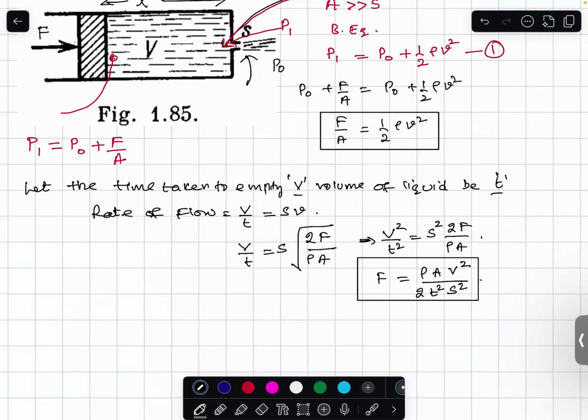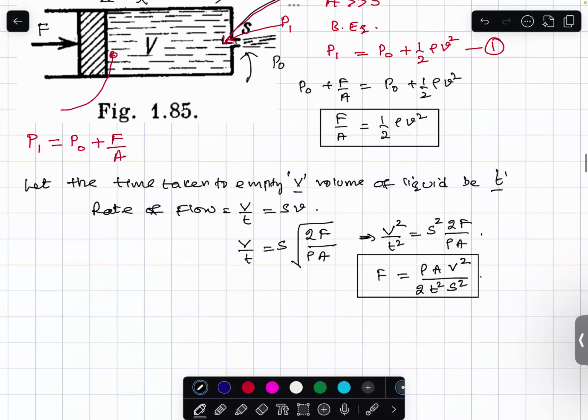That is F. Right. So F, I got a clarity now. What is the work done by this force?